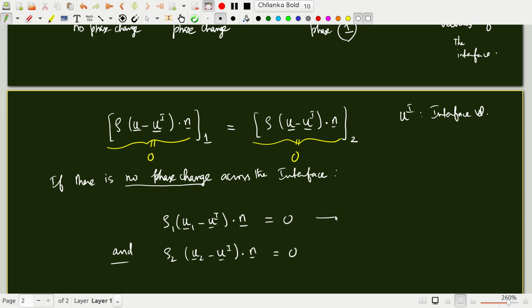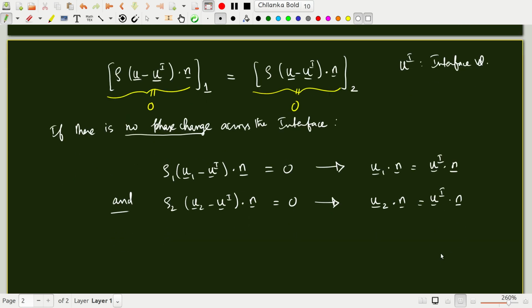This simply means that u1 dot n is equal to ui dot n, and from the second equation you have u2 dot n is equal to ui dot n, and if I combine these two, I'll get u1 dot n is equal to u2 dot n.